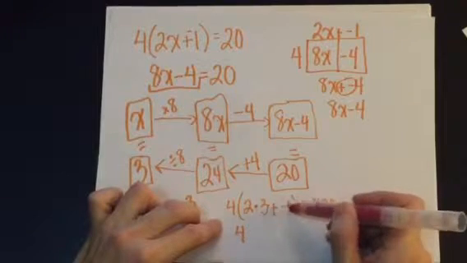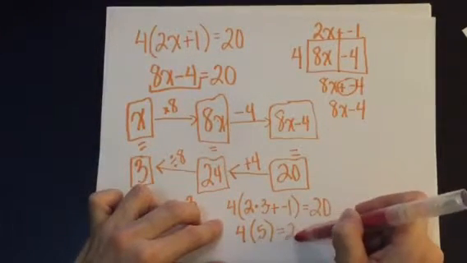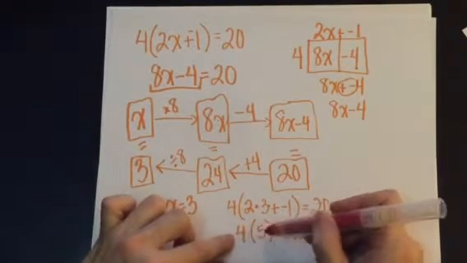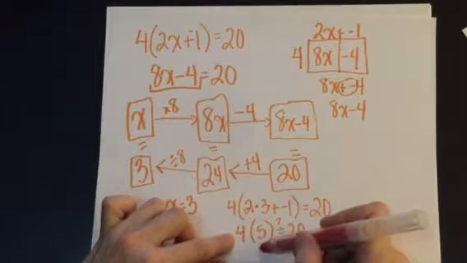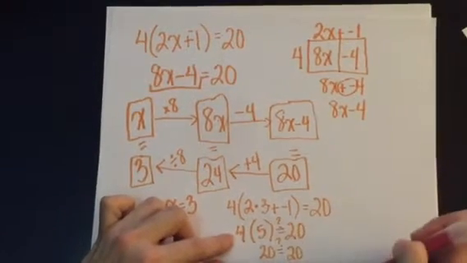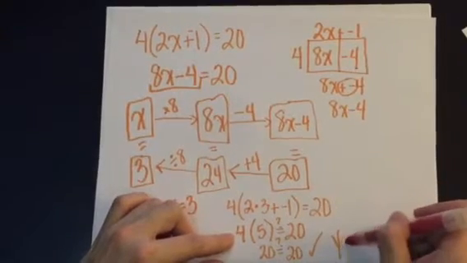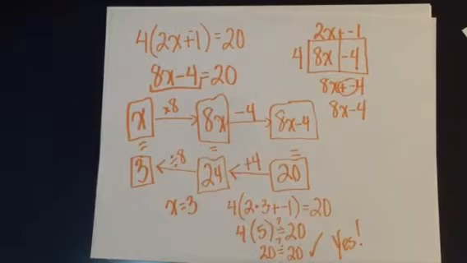And 6 plus negative 1 is 5. And 4 times 5, let's see if it equals 20. Well, I know that equals 20. And does 20 equal 20? Yes, it does. So our solution to this equation is x equals 4.